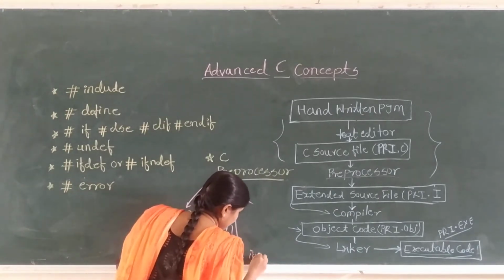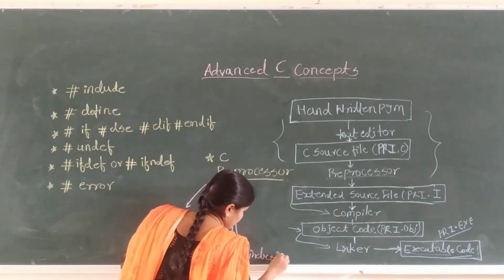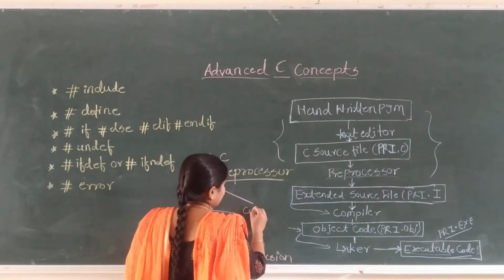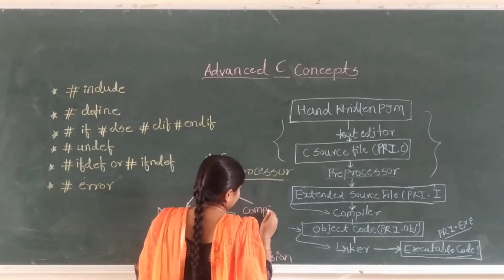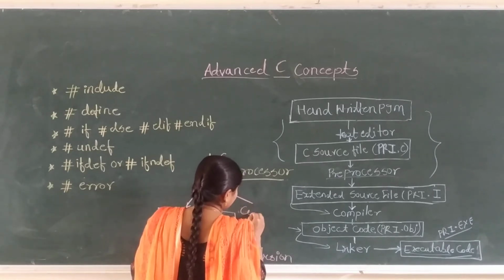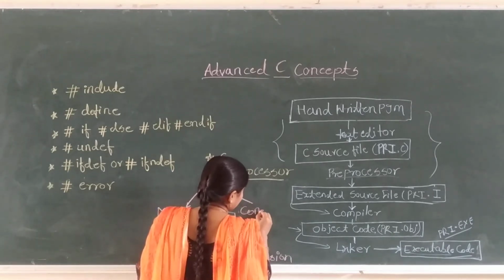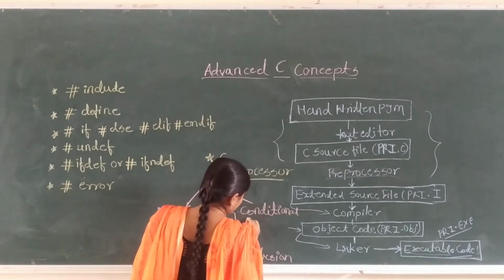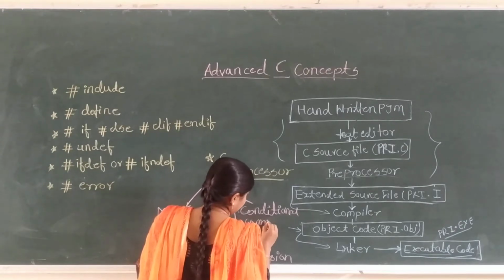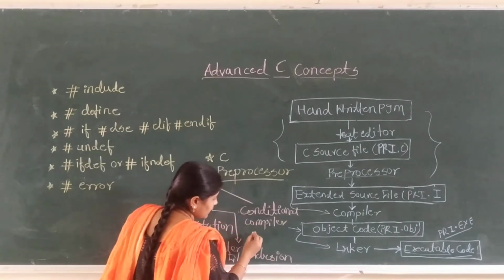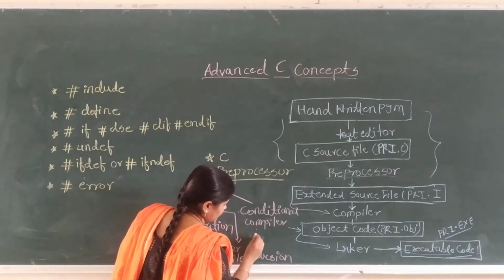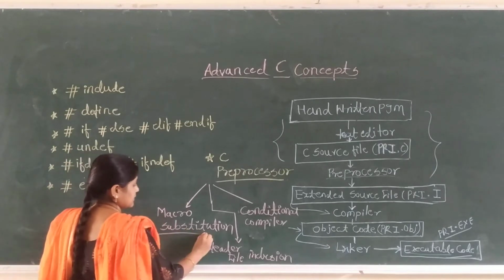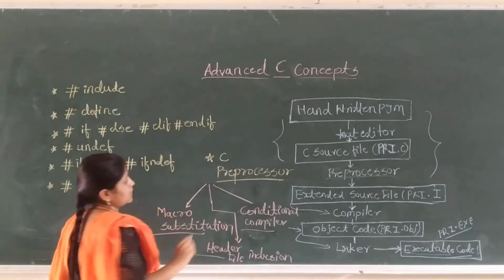And the third one is conditional compiler directive. These are the types of preprocessor directives.